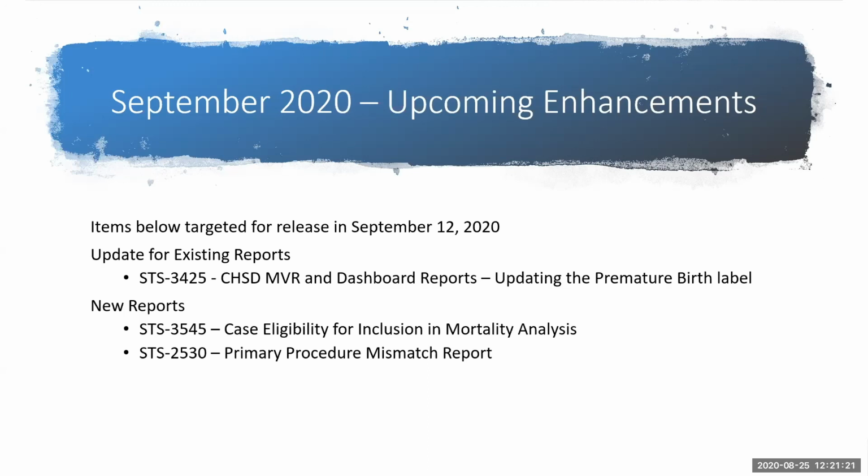And then the big ticket items that we have coming are the new reports. We have a new report for the case eligibility for inclusion for mortality analysis, and also the primary procedure mismatch report. We will be going into more details and showing you a demo of those reports during today's session. So just wanted to let you know that in September, we do have those targeted updates.